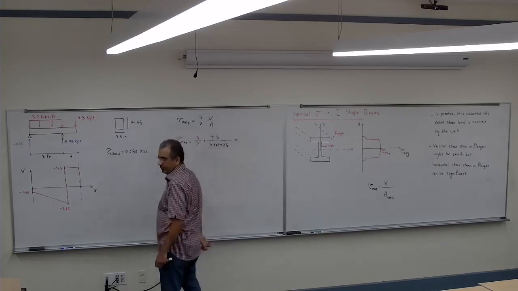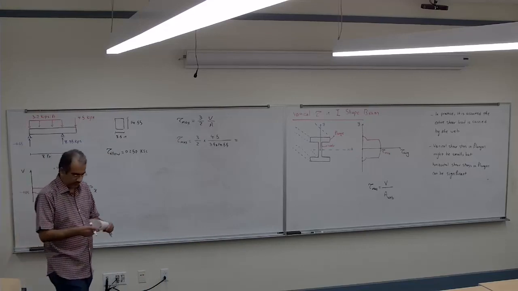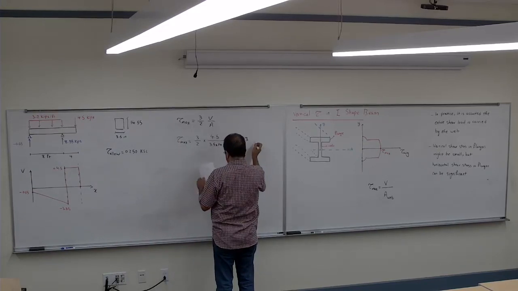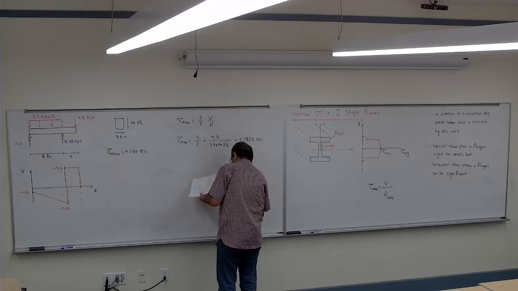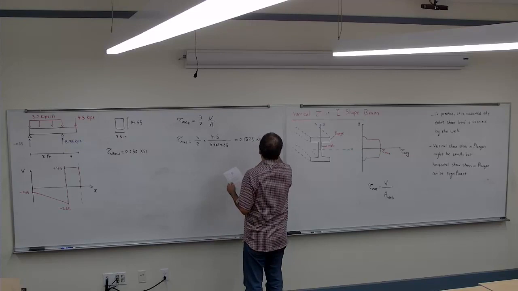So it becomes 0.1325 ksi, which is less than the allowable.